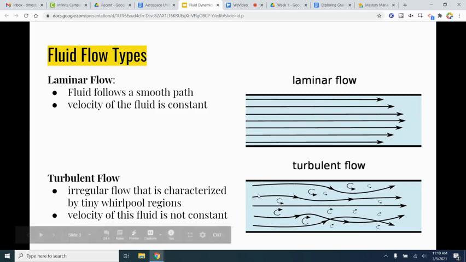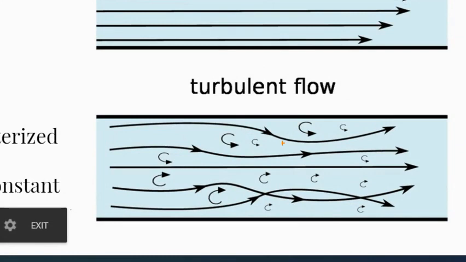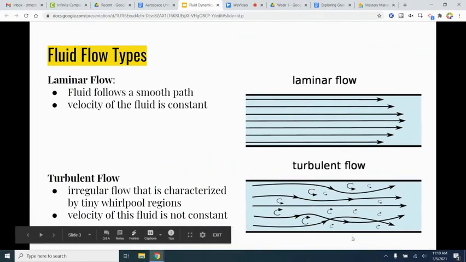What we don't like when we talk about aircraft is turbulent flow. So you can imagine turbulent flow is when you have fluid that is moving in kind of irregular, sort of curvy action, and we have a bunch of these little whirlpools that sort of pop up. If you've ever used an oar when you're like in a rowboat, you'll see that you don't really create laminar flow of water.